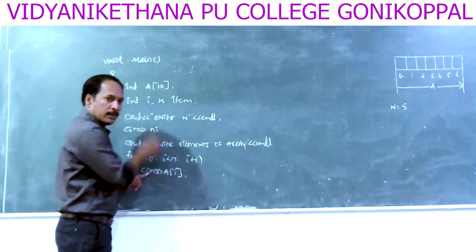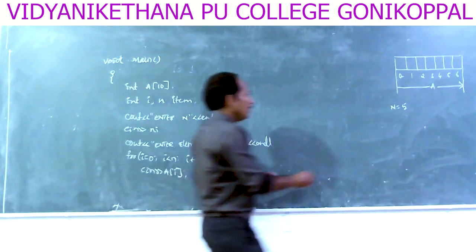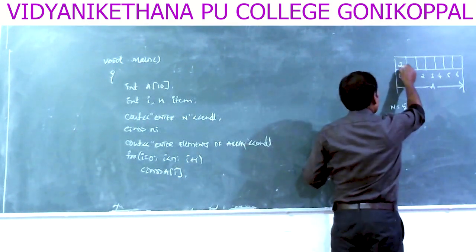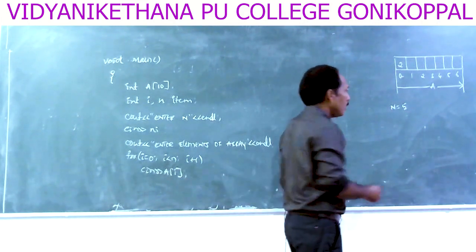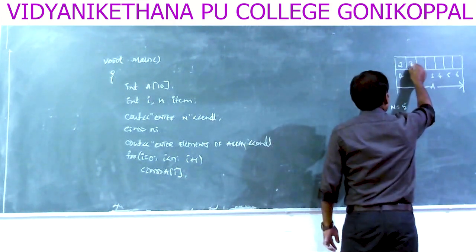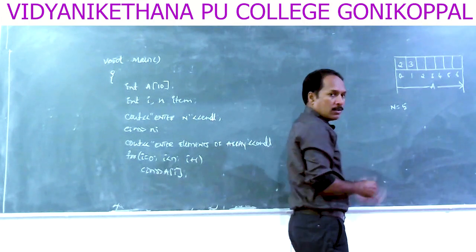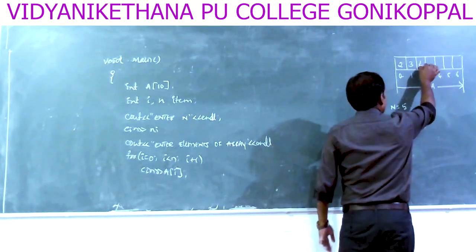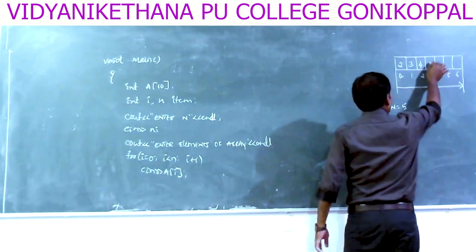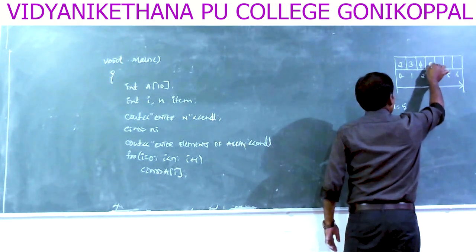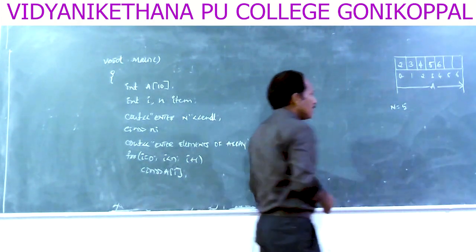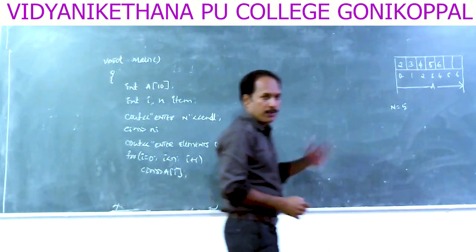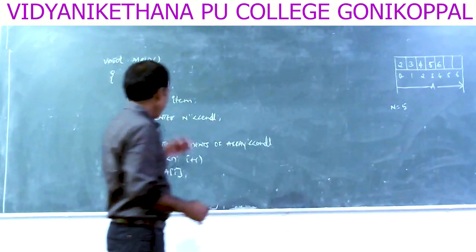So A of 0, enter. Suppose I input some number 2 for A of 0. Then i plus plus, i becomes 1, some number 3. Then i becomes 2, some number 4. Then 5, then 6. Then i plus plus, the condition becomes false, and we quit. So we enter 5 elements.